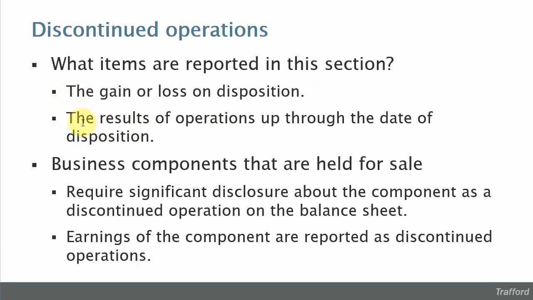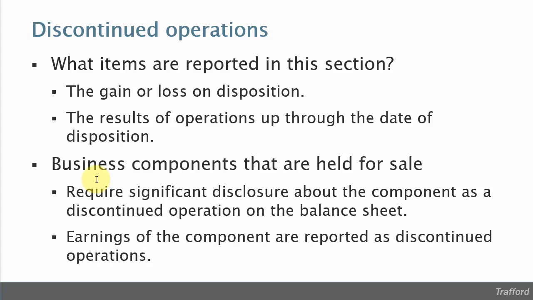Now, sometimes a business has put a business component of theirs up for sale. It's held for sale at the end of the year. It just hasn't been sold yet. When that happens, generally accepted accounting principles say, well, even though you haven't sold it, there's a good chance that that business component won't be around for long if it's held for sale now. So we think you ought to give investors that information and let them know that that's happening.